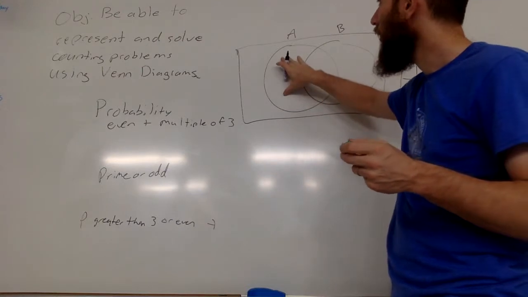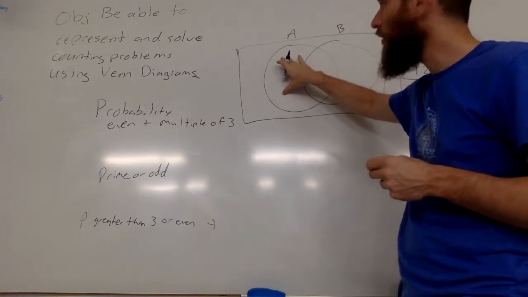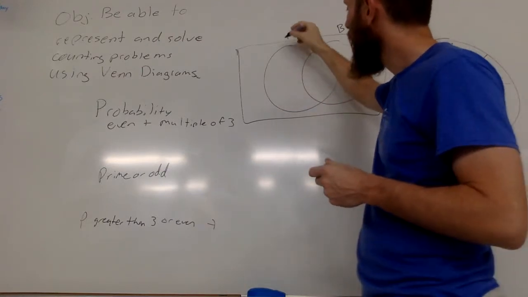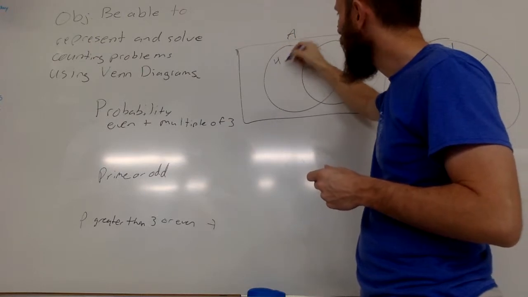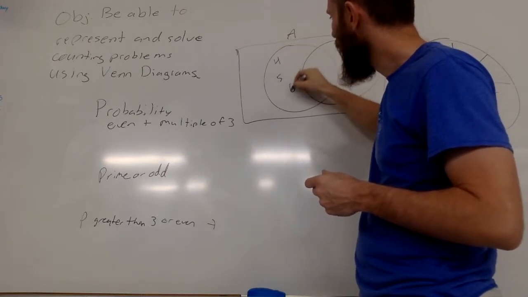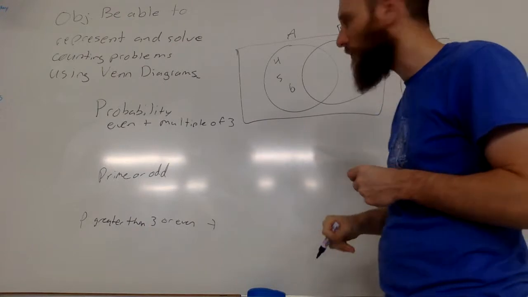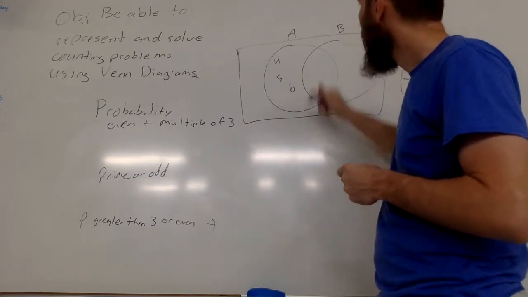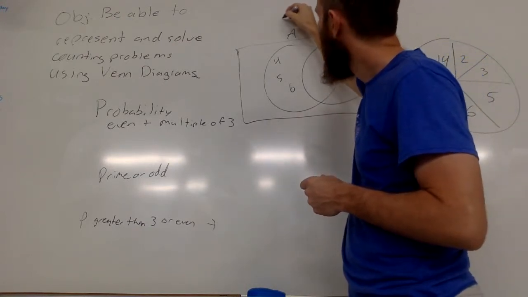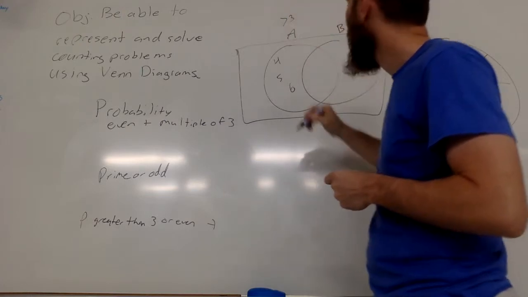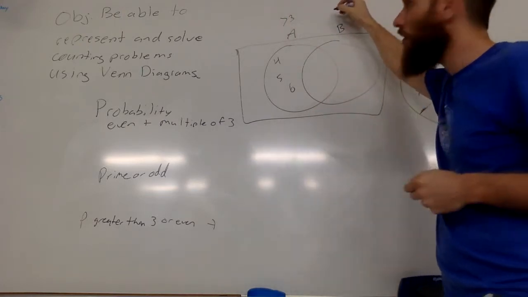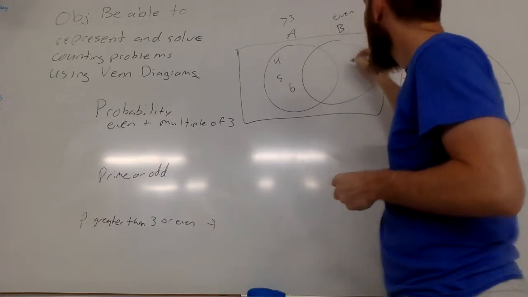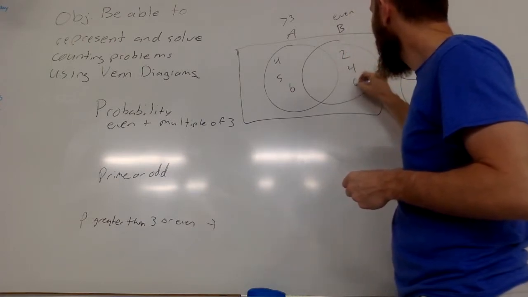So event A would be the one that's greater than 3. My greater than 3 is 4, 5, and 6, right? And B would be even. The even numbers on a die are 2, 4, and 6.